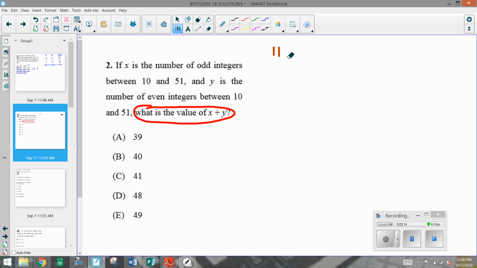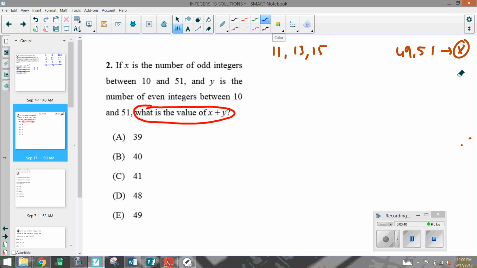11, right? We're supposed to write odd integers. And until where? Which number goes? 51. And so these we call x's, right? These are x's. And on the other hand, what do we have?